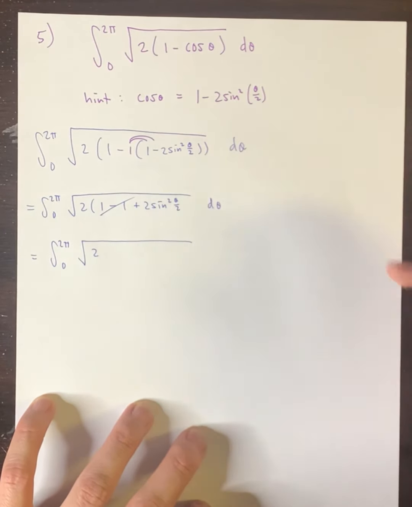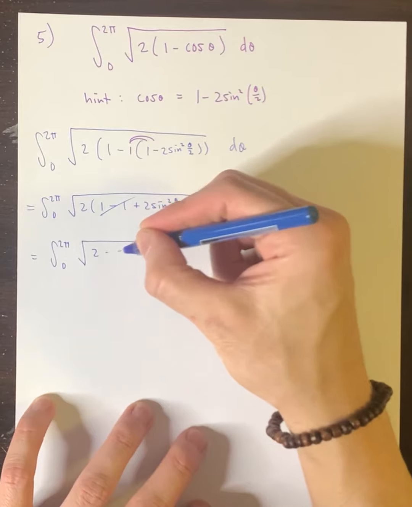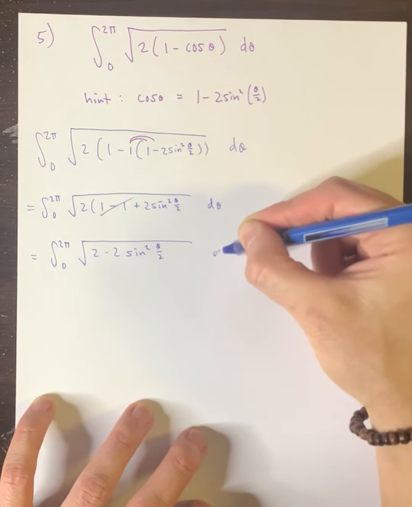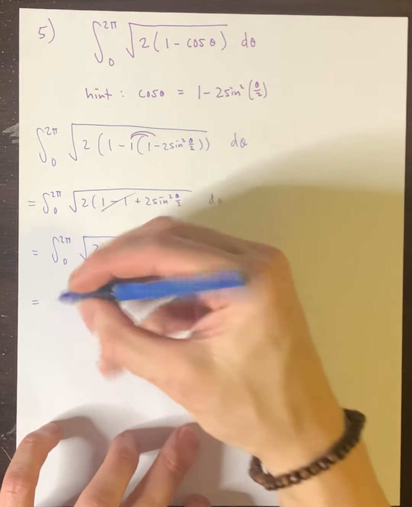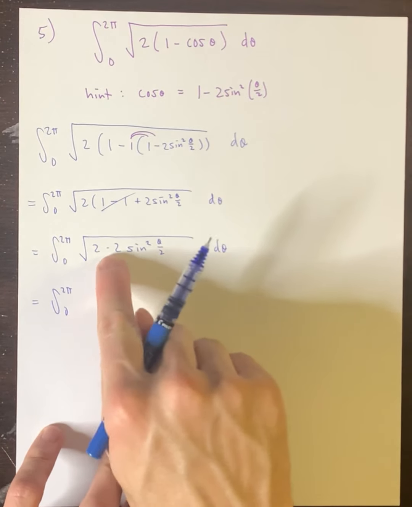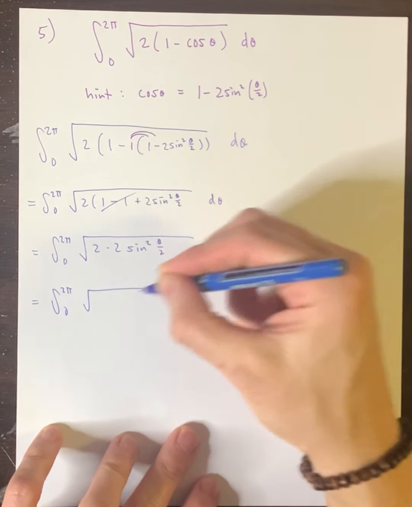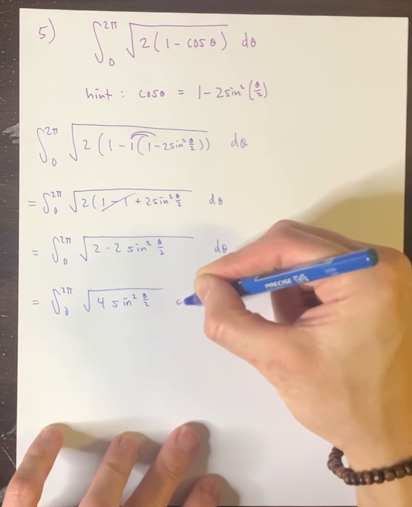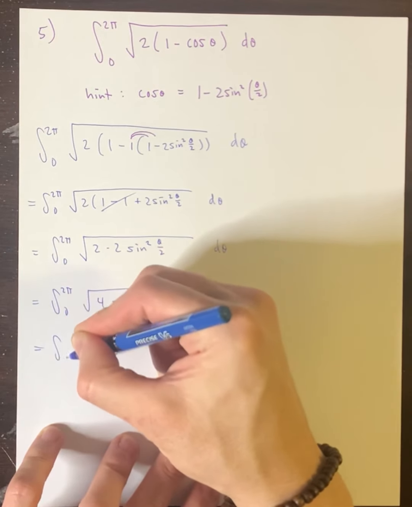The 1's are gone, and so it'll just be 2 times 2 sine squared theta halves d theta. So this is 0 to 2 pi. Check it out. That's going to be the square root of 4. So we have 4 sine squared theta halves d theta, 0 to 2 pi.